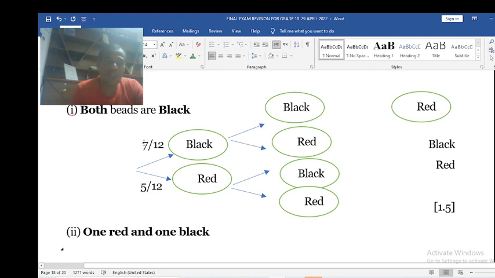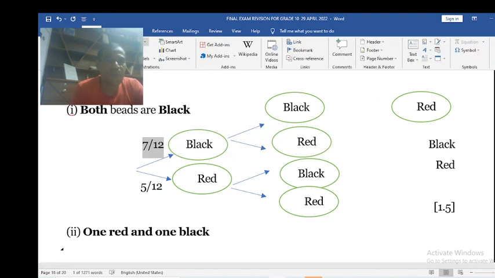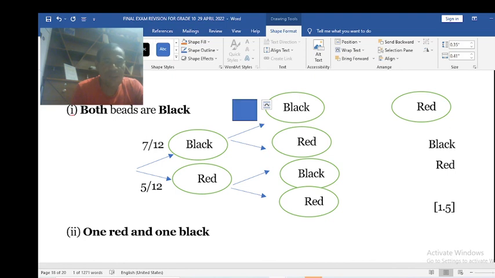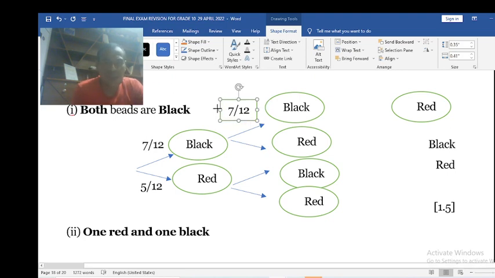I'll put it here. So, may I use squares? Yes, I will use this one. Copy. Then I will use some shapes here so I can solve this one. Okay, I will write here 7 over 12. I will make a copy here.